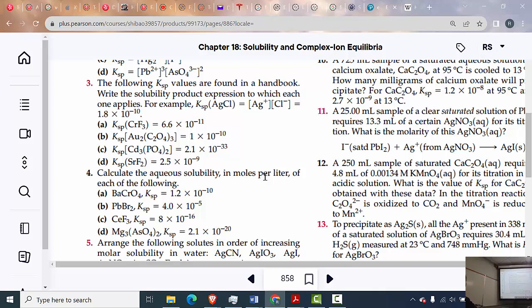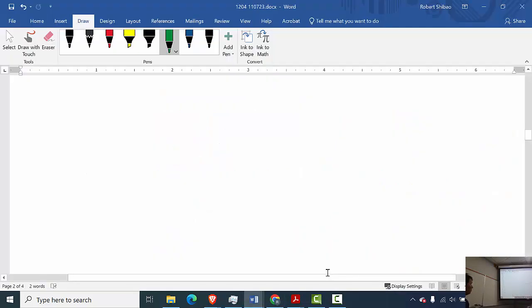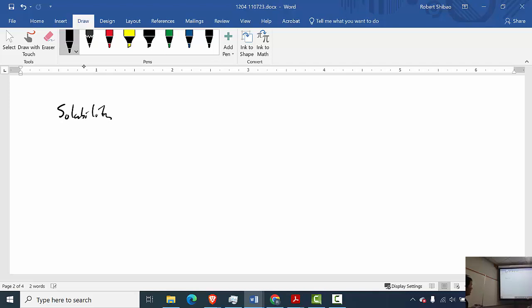The reason it's not directly proportional is because of the way things split. And so if I compare cadmium phosphate to lead-2 chloride, it's not an entirely fair comparison. And so let's do that really quick here. And so you have to be careful of solubility and KSP.